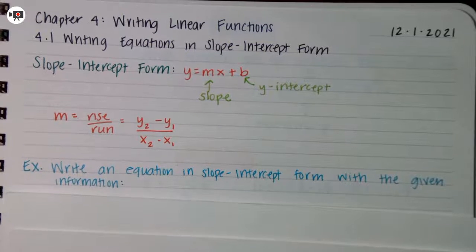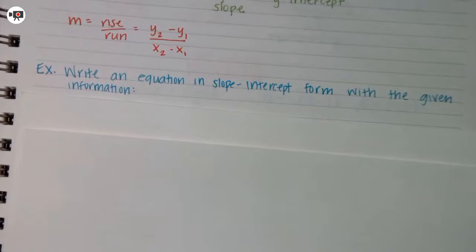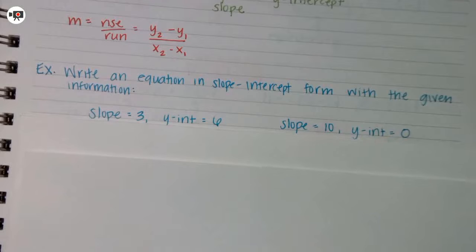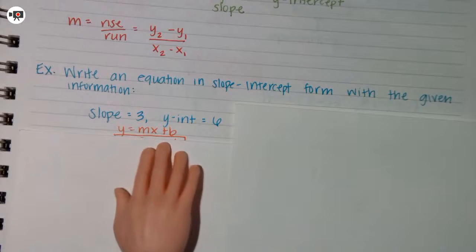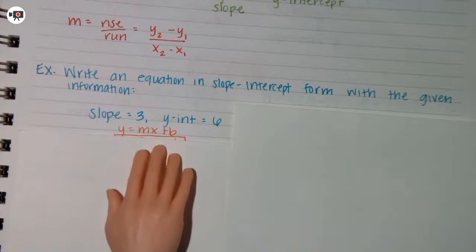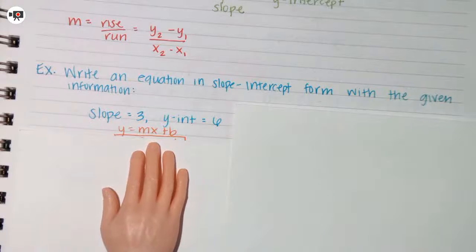So, if we are to write an equation in slope-intercept form with the given information, if I have a slope of 3 and a y-intercept of 6, that means that in y equals mx plus b, all you do is you take this information and plug it into the formula.